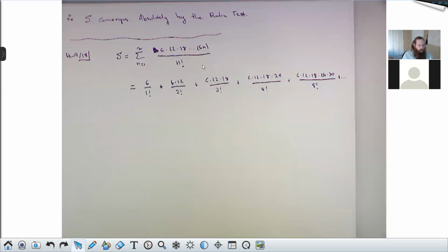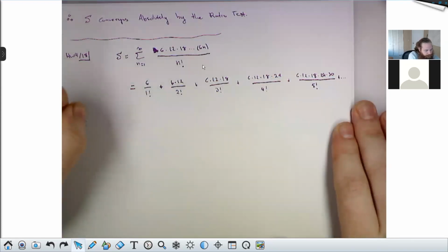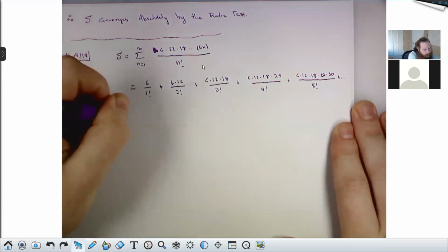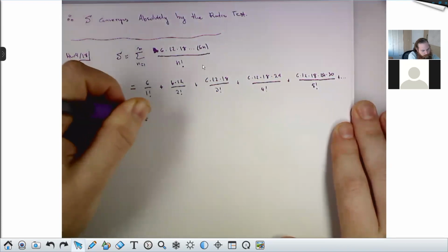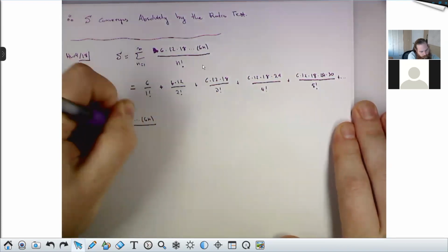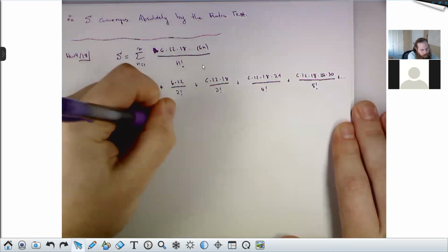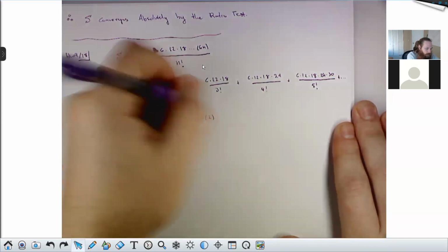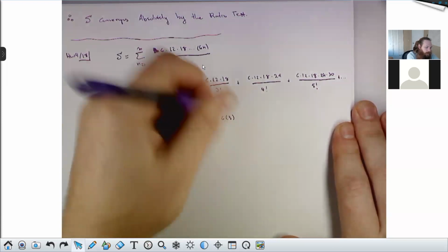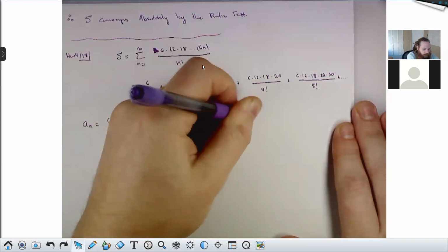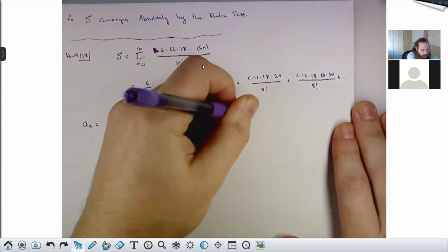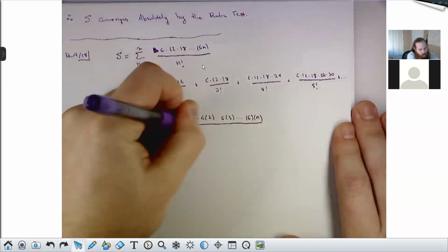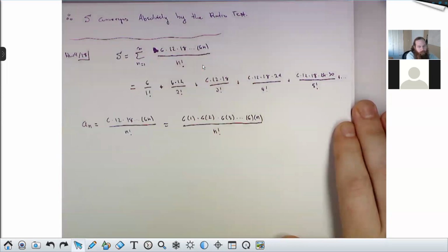All right, here's the fast solution. a_n is 6 times 12 times 18 all the way up to 6n over n factorial, which is 6 times 1 times 6 times 2 times 6 times 3 times all the way up to 6 times n, over n factorial.